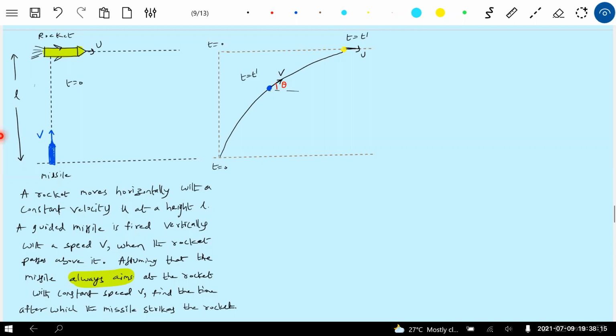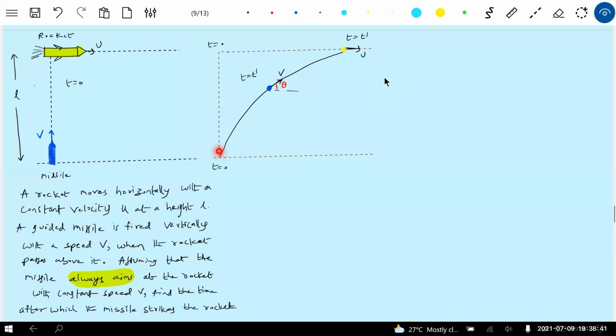At the starting point, it should be 90, I'm asking, sir. In the diagram, you gave some angle, you didn't give 90. There's a path, and after some time it will change, no? How can I say it is here?